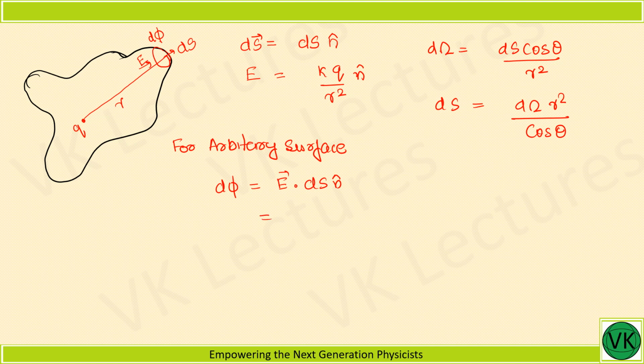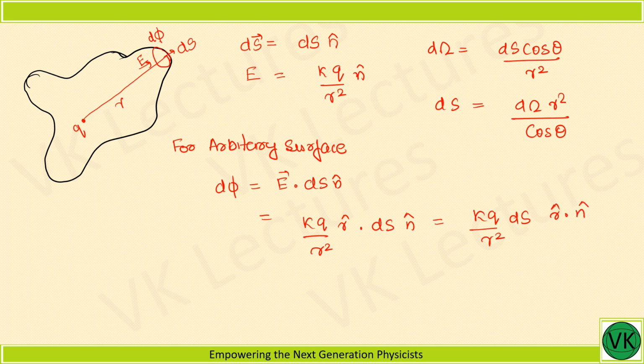Now that's equal to, the electric field is k q by r square. Instead of n cap, let's write r cap for the time being, dot ds n cap, and that's equal to kq by r square ds into r cap dot n cap, that's the cos theta angle. So let's write r cap dot n cap itself.